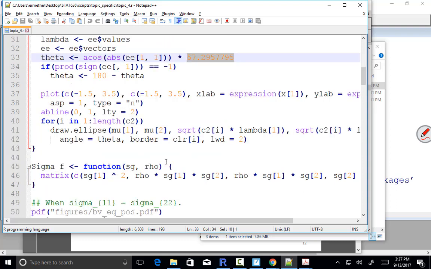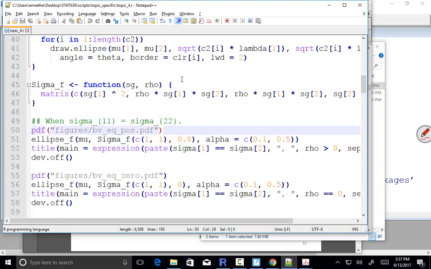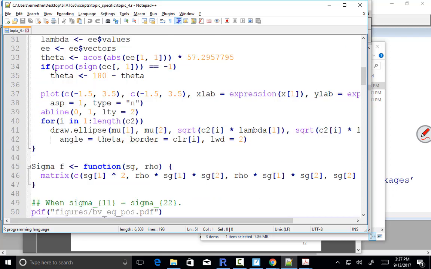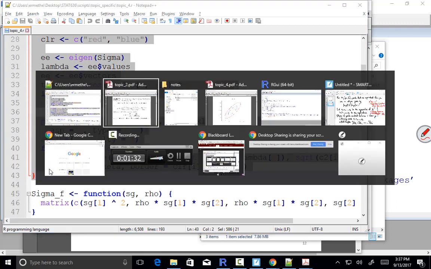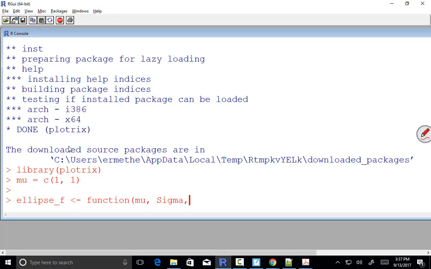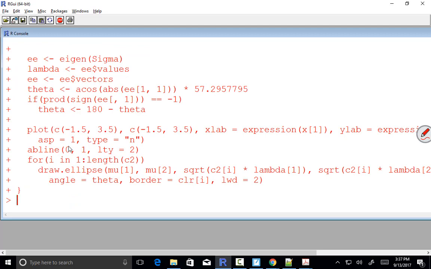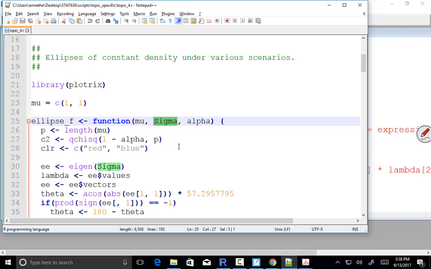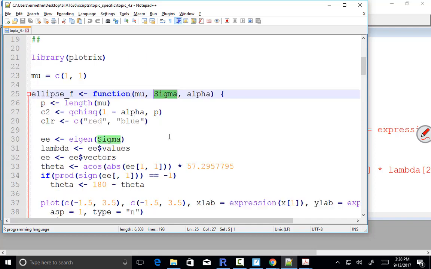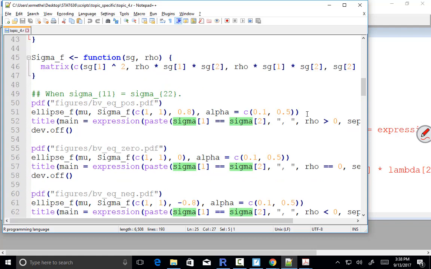The other function that I created, just FYI, if you look down further, once I've defined my function ellipse_f, it's ready to be used. One of its arguments is a covariance matrix. Whenever I call ellipse_f down here, I need to give it as the second argument a covariance matrix.